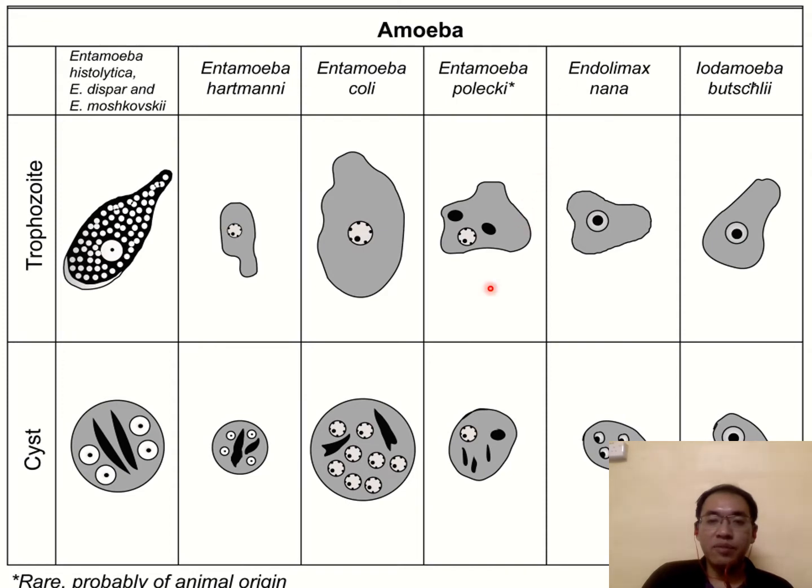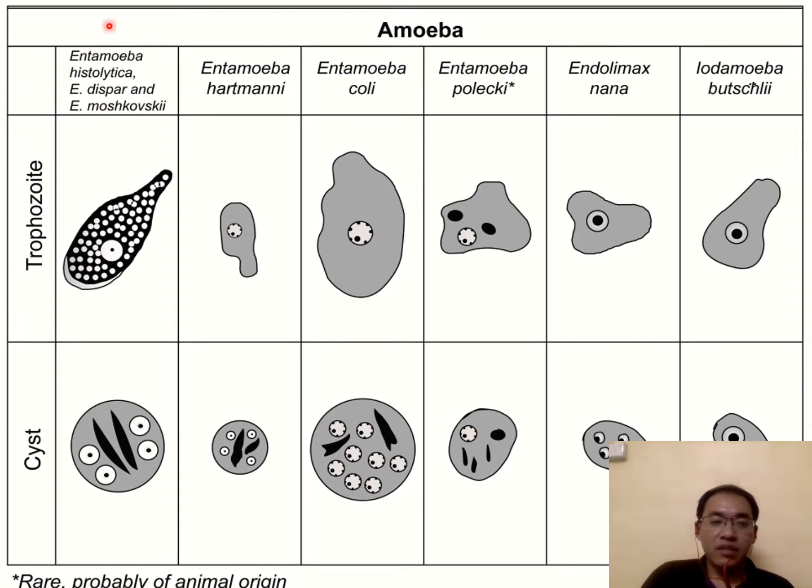For the cyst form, the number of nuclei differs from one species to another. However, one thing that is consistent is that the cyst form is always smaller than the trophozoite form for each species.